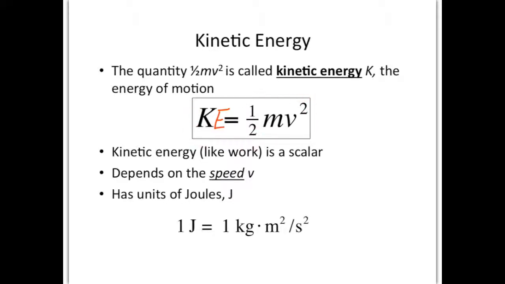Circle that, box that, put a dotted line around it, put stars. That is going to be important because any object that has mass and has velocity is going to have some sort of kinetic energy, and this is how to calculate it. 1/2 mv squared. It doesn't necessarily have a direction, it's just a scalar, it's a value, and it depends mostly on the speed v right here.